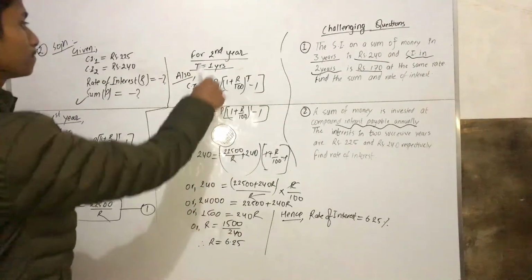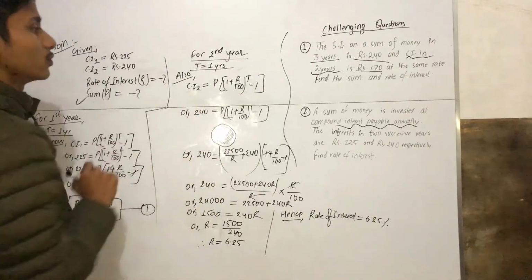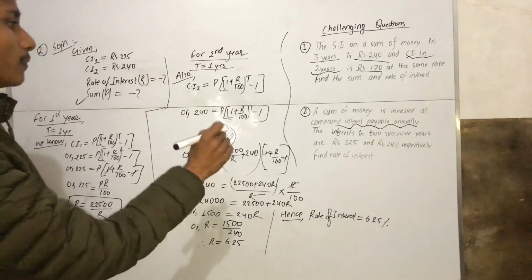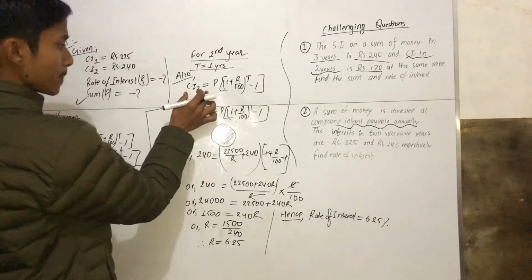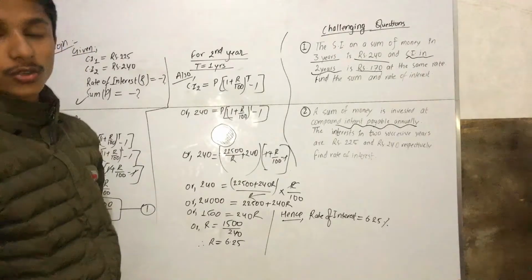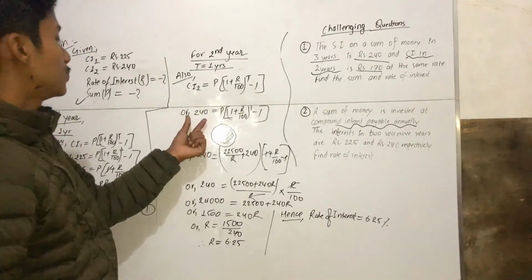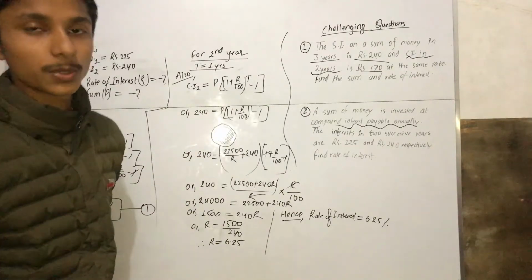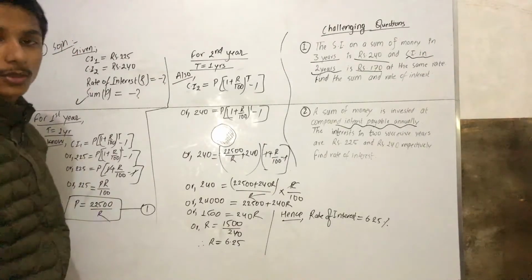Okay, we go from here for the second year. Time is equal to 1 year, because I have already told you compound interest is payable annually. Compound interest for the second year is P times (1 plus R by 100) to the power T minus 1. This is the formula of compound interest. Here we put the value of compound interest for the second year, that is 240 is equal to P times (1 plus R by 100) to the power 1 minus 1, because time here is 1 year.